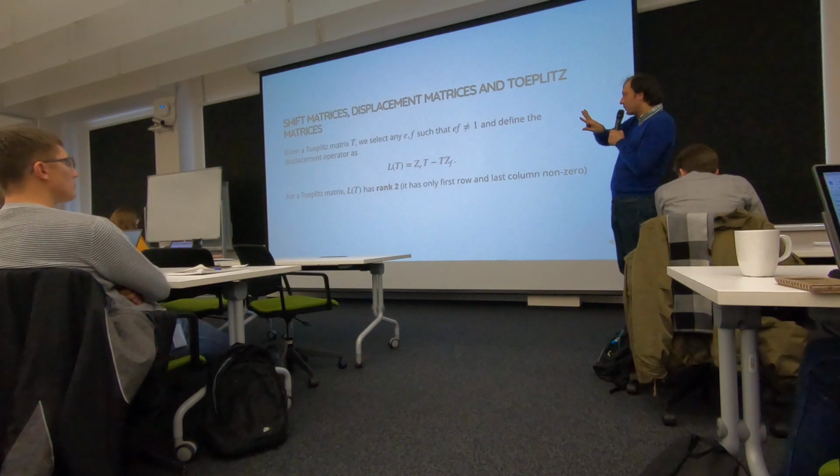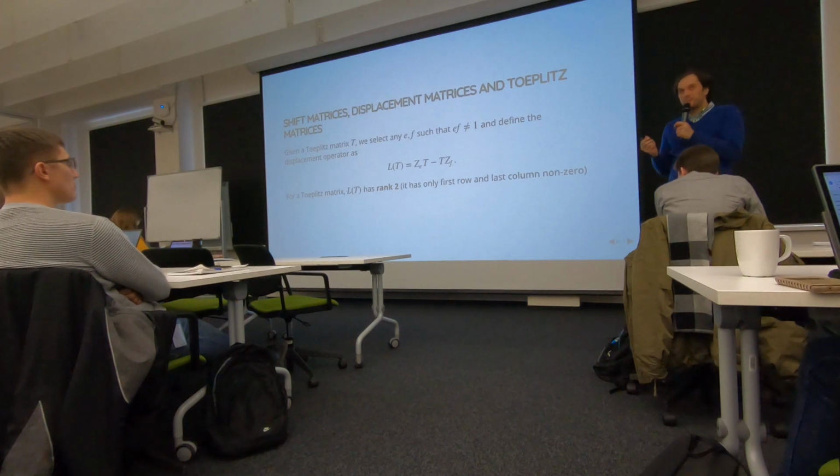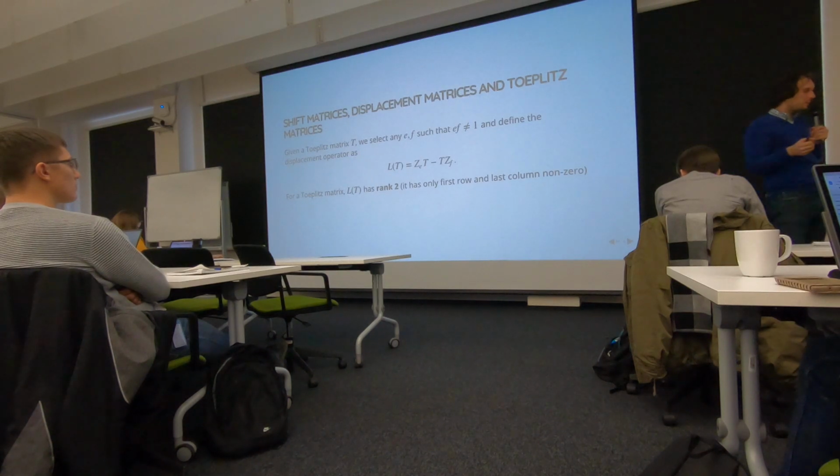So we shift all the rows down. Then we multiply from the other side, so we shift all the columns to the right. So it's down and right. Of course you get the same elements almost everywhere, and then we subtract them. So the difference will be only in the boundary, and this will be a matrix of rank 2 that only has the first row and the last column nonzero.